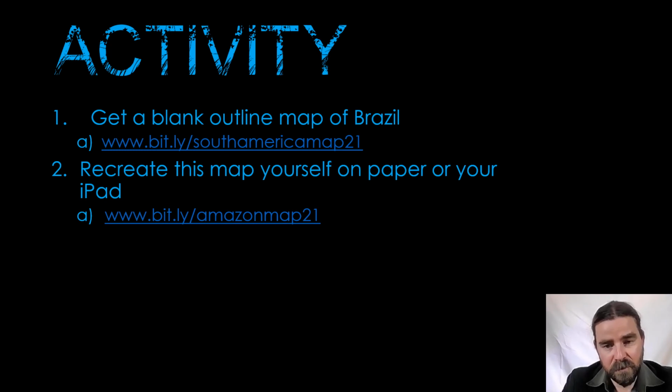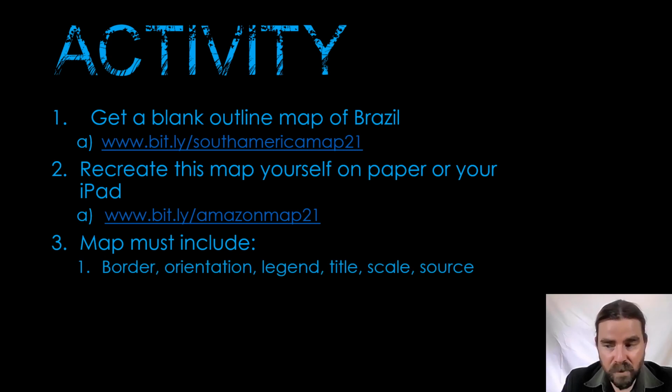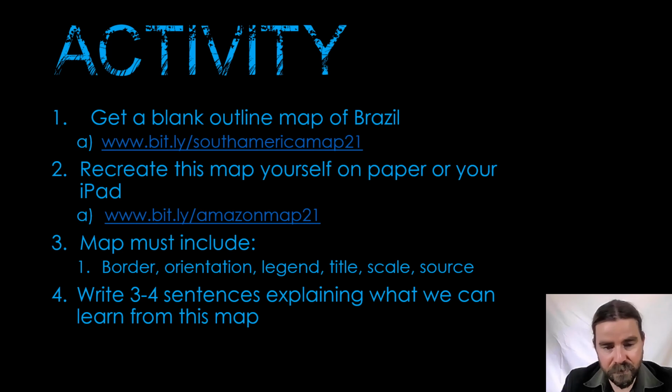But if you do it on your iPad, you still need to take a photo of it and upload it to the task. So it might be just as easy to print out that outline map and do it on paper. But if you are going to do the map on your iPad, you still need to color it all in from scratch. You can't just screenshot the existing one there. Your map obviously has got to include bolts. And the final task is to write 3 or 4 sentences explaining what we can learn from your map.